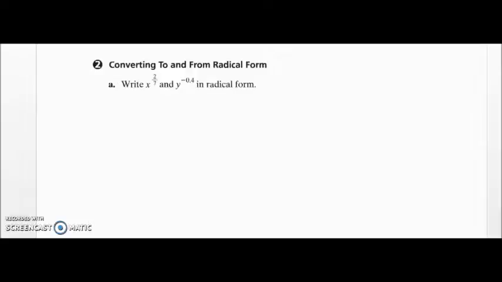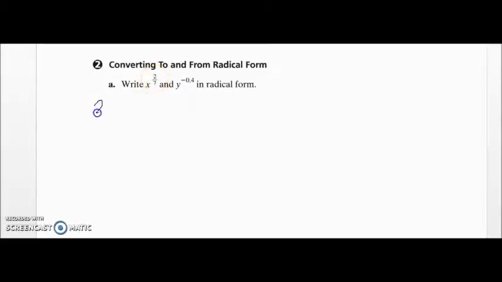All right, now that you've finished the quick checks, let's look at converting from rational form to radical form. So this is a rational exponent. I just want to turn it into a radical.